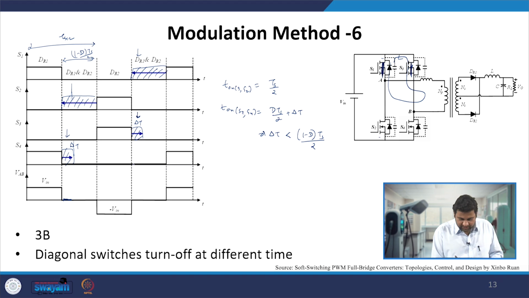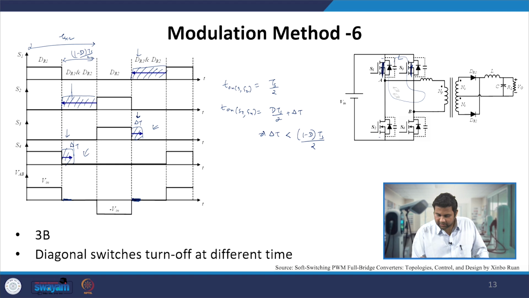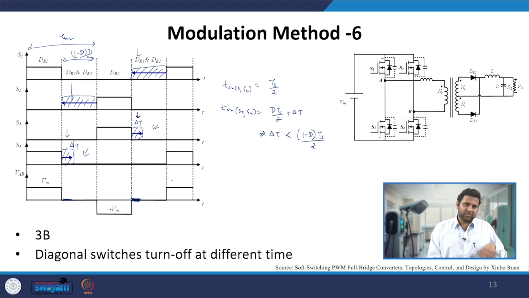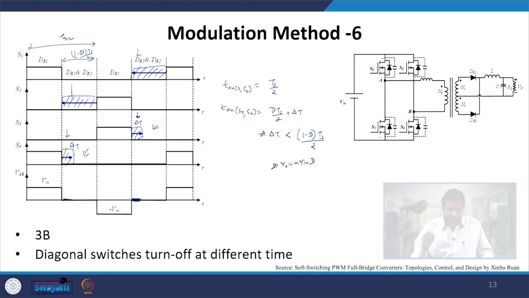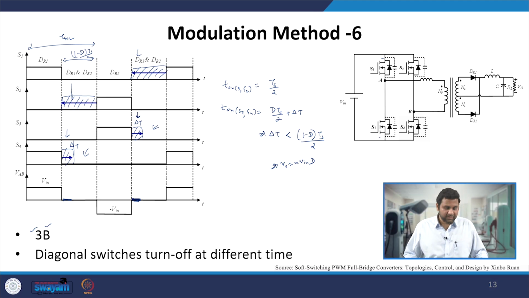So during this time the VAB voltage is still 0, and for the remaining period, during which S4 turns on, since all the three switches have the same state, just changing the timing of one of the switches will not impact anything on the VAB, and that's when we can say V naught is still nV in times D. So this particular method comprises possibility number 3 from the leading leg side and possibility number B from the lagging leg side.